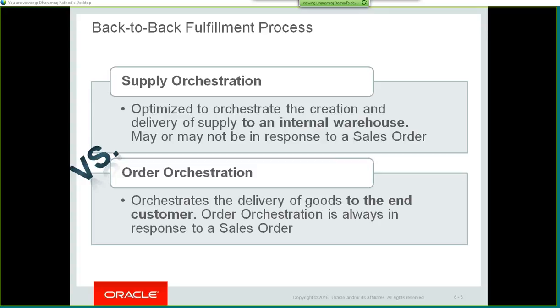And the responsibility of order orchestration is end to end. You have your orchestration process, and then the orchestration process would request the supply creation. As soon as it requests the supply creation, the supply chain orchestration process would kick in, and then it will make the supply available. And as soon as supply is available, the next step within the orchestration process would be to ship it, and then do the billing. So the order orchestration process is responsible for end-to-end customer delivery.